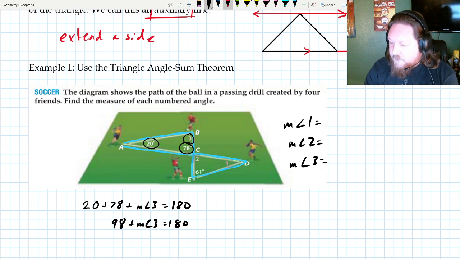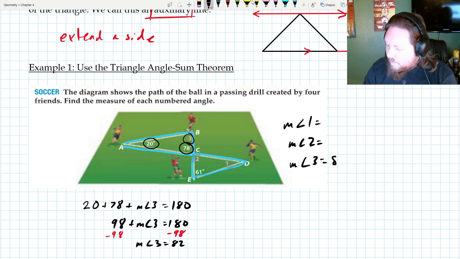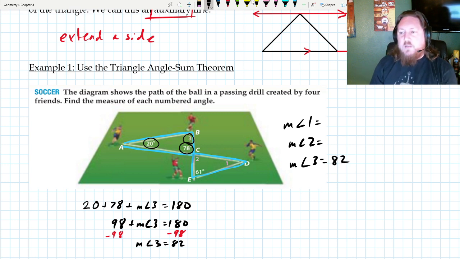Subtract 98 from both sides, and I get the measure of angle 3 equals 82. So there's my first angle down.